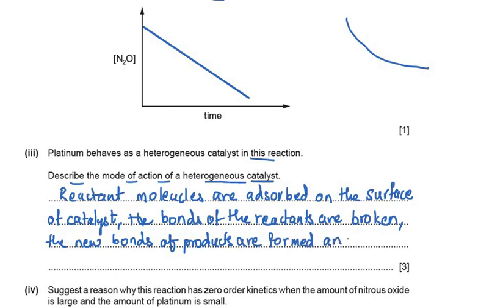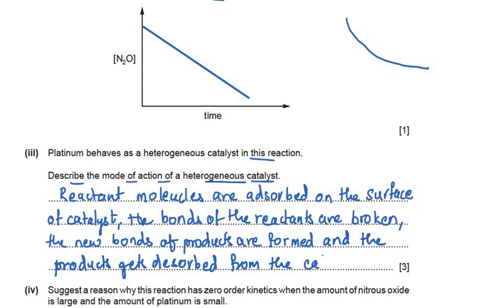And finally the products get desorbed from the surface of the catalyst. This is the process which you have to describe for the 3 marks.